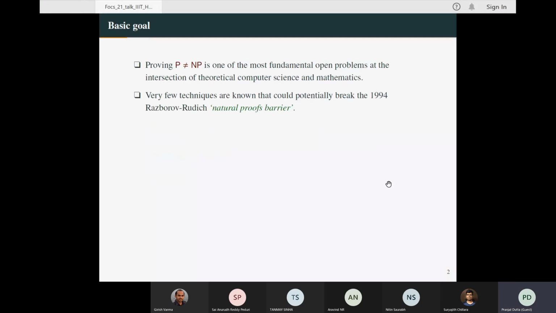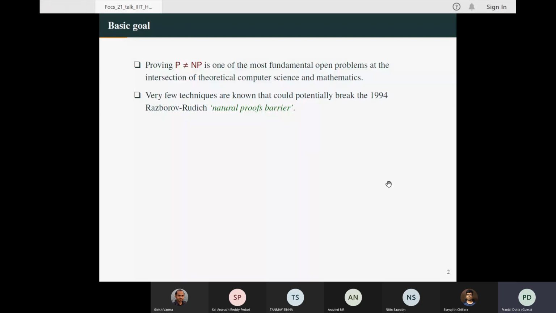There have been efforts to prove P not equal to NP, but most have failed because in 1994, Razborov and Rudich came up with the natural proofs barrier. They said that essentially all natural proofs, I will not define what natural proofs are, cannot really separate P from NP.